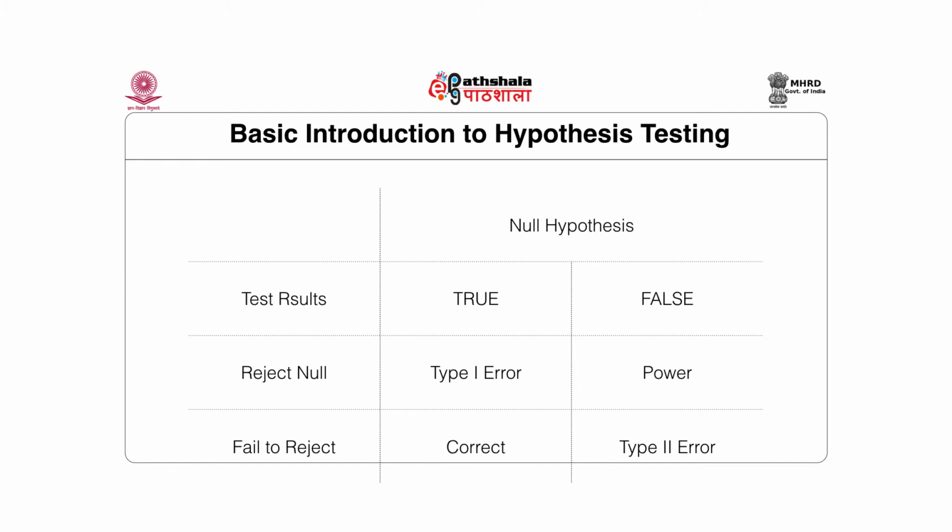And accordingly, when you conduct your studies in which you obtain certain tests and then you obtain some results from your test, on the basis of those results, you may say that, okay, I am going to reject the null hypothesis. Or you find that the results of the tests are such that you are not in a position to reject the null hypothesis. Either way, you got two options.